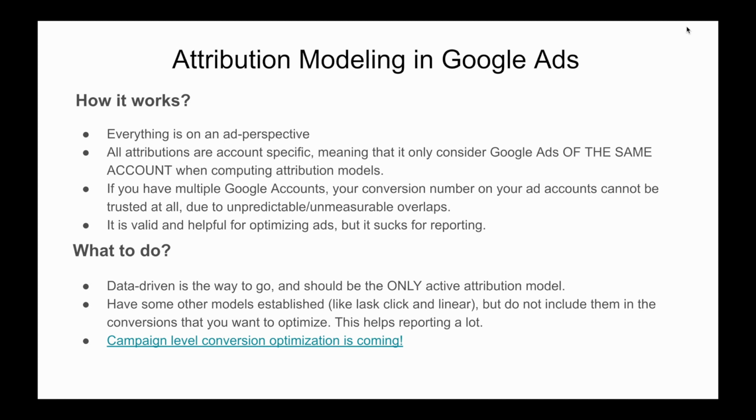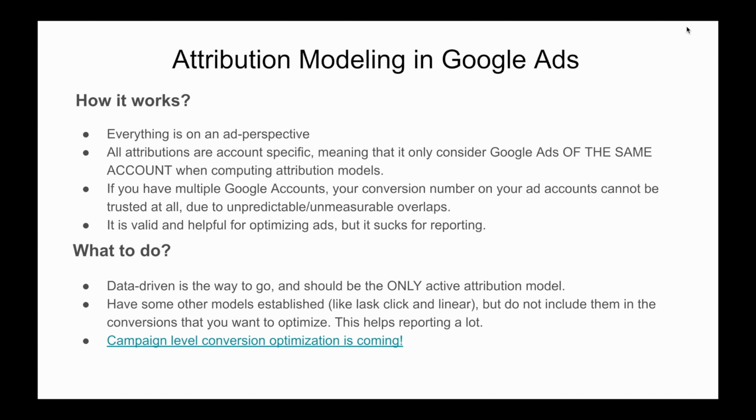What this means is that if you have 2 Google accounts, your conversion numbers across those ad accounts simply cannot be consolidated, because they will overlap with each other and take multiple credits. It is valid and helpful for optimizing your Google Ads using the Google Ads optimization algorithm and for reporting. But if you're doing anything cross-channel or cross-account, their numbers simply cannot be trusted for reporting.